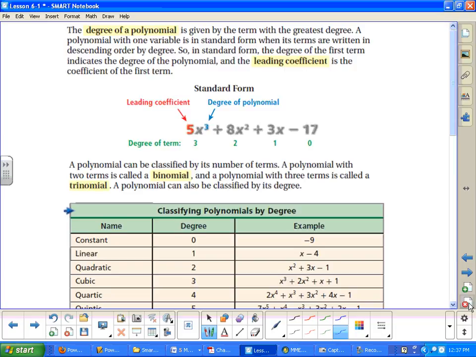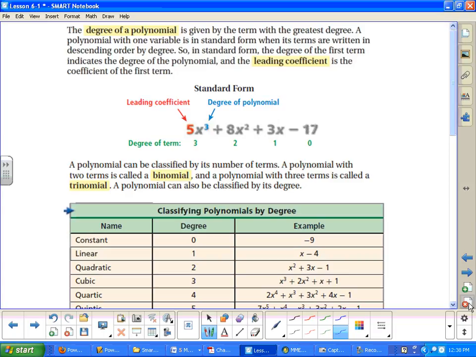All right. Okay, then we talk about the degree of a polynomial. The degree of a polynomial is the degree of the largest term in the polynomial. So when I arrange them in order from largest to smallest, the degree of the polynomial goes with the largest one. So here we have the degree of the polynomial here is 3. That's the largest exponent we have.